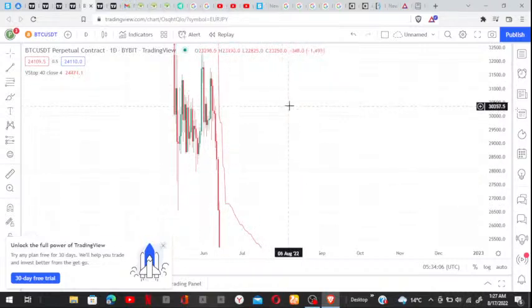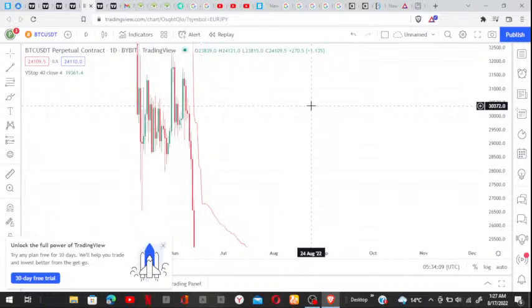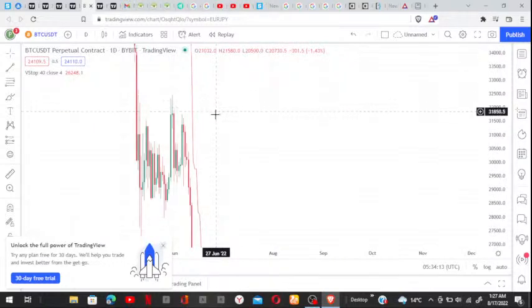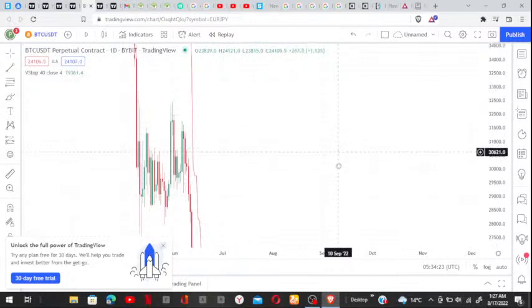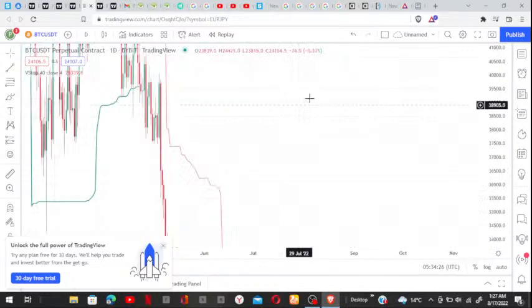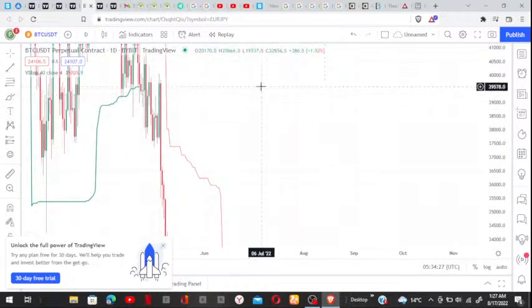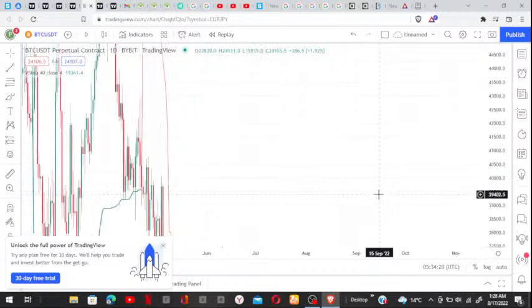And guys, one thing that you will come to note, once you get to this level over here, there will be some ranging in the market, if I'm not wrong, because you'll have to test these levels and then go back to these levels before breaking out, maybe going up, because there were some strong sales initially.